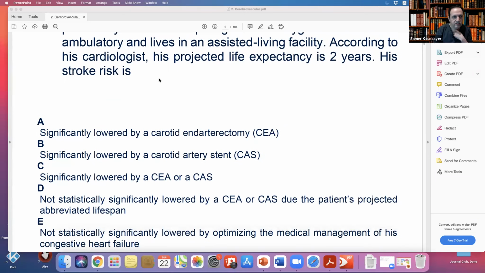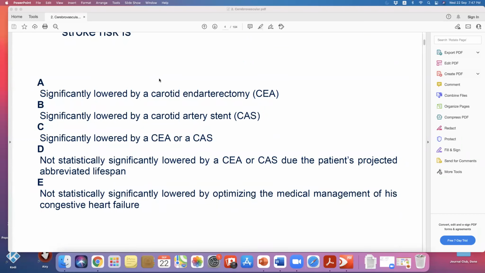Let's go through the answers now. A, significantly lower by carotid endarterectomy? No. Significantly lower by carotid artery stenting? No. Significantly lower by endarterectomy and stenting?